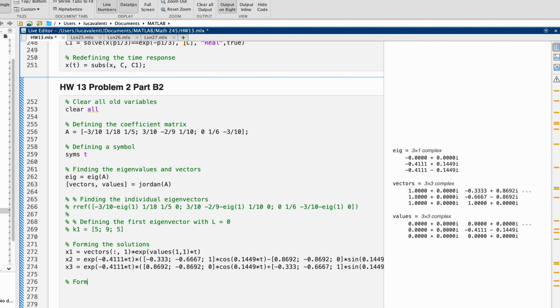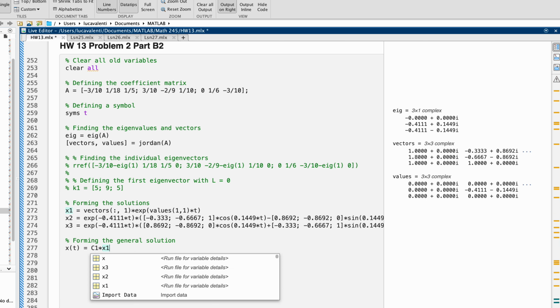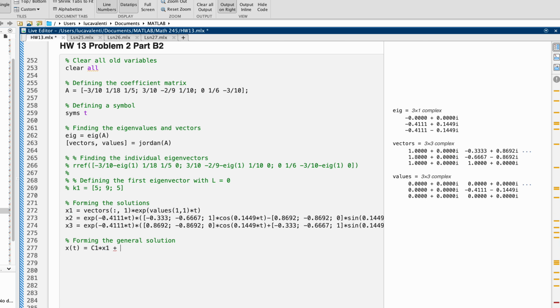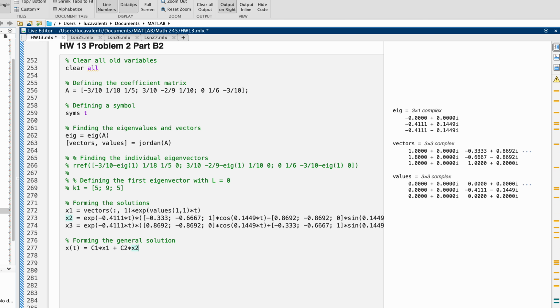And now, forming the general solution, what am I going to get? x of t is equal to c1 times x1 plus c2 times x2 plus c3 times x3.